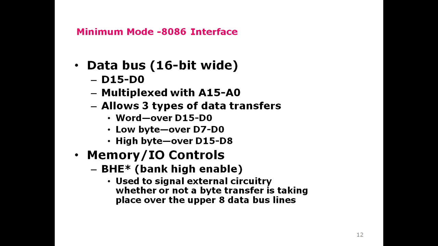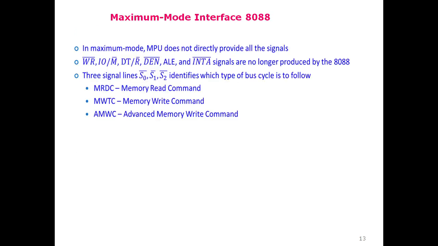Whenever 16-bit data is being accessed, or the upper byte of the word is being accessed, the upper or higher bank should be enabled, and for that purpose the BHE pin is used. This pin is connected with the external circuitry to control the access of the upper 8 bits of the 16-bit data.